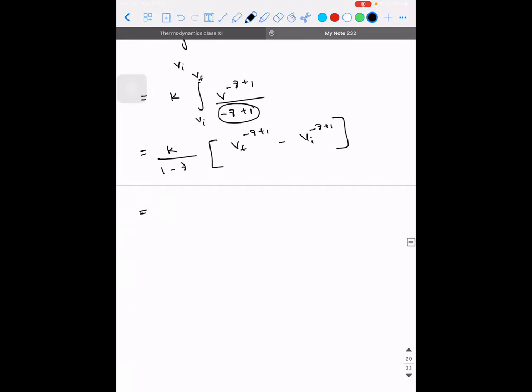This will be equal to K divided by gamma minus 1 into V initial to the power of 1 minus gamma minus V final to the power of 1 minus gamma. The reason I changed it to gamma minus 1 is that I wanted gamma to come first, as the gamma value is greater than 1.